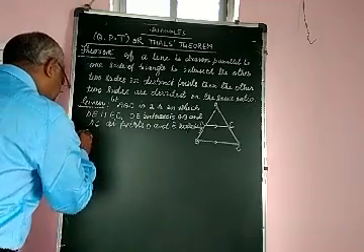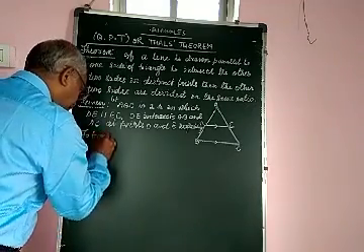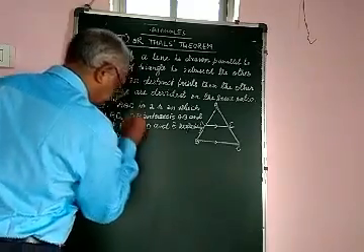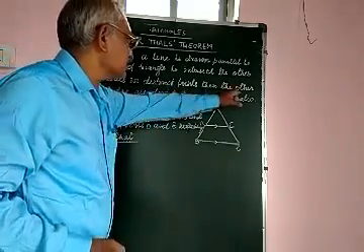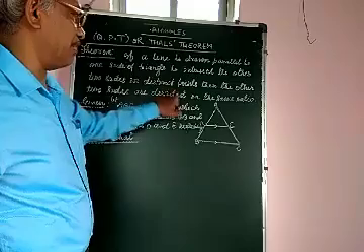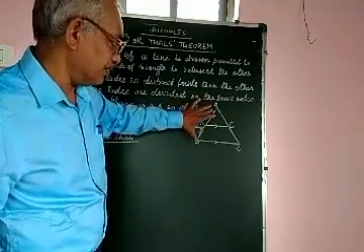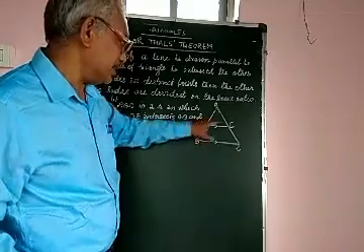To prove that the other two sides are divided in the same ratio. Other two sides mean the sides AB and AC.